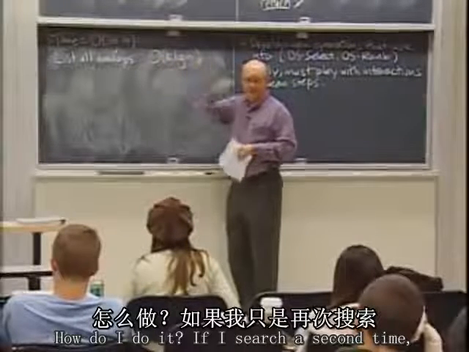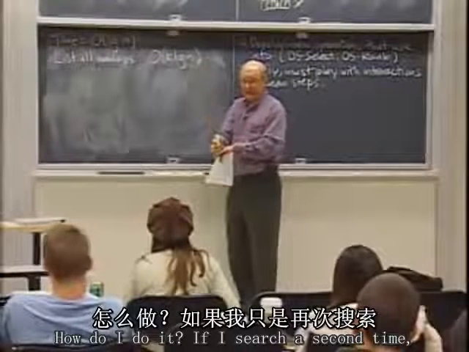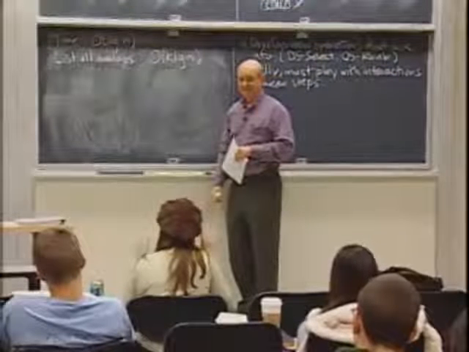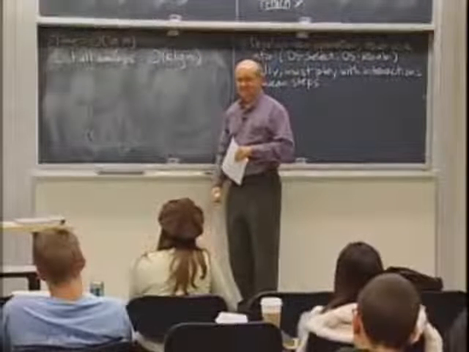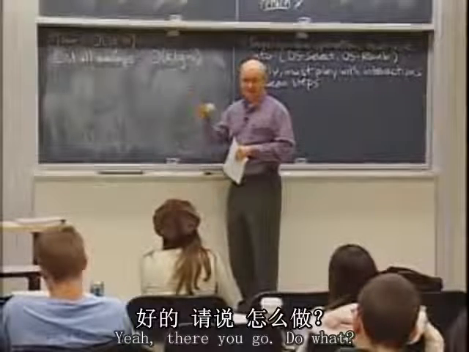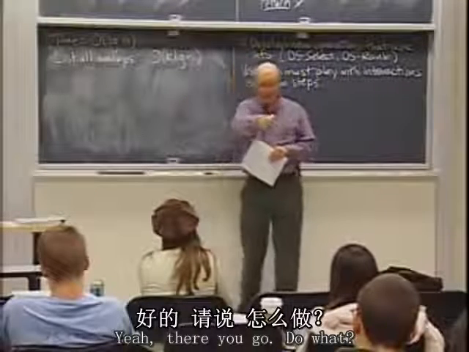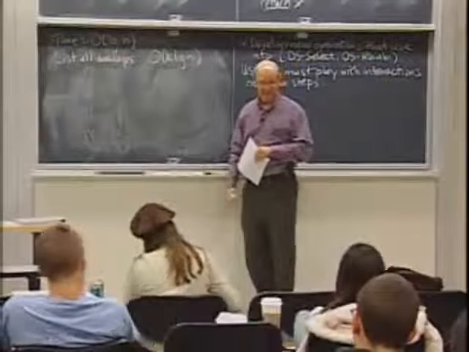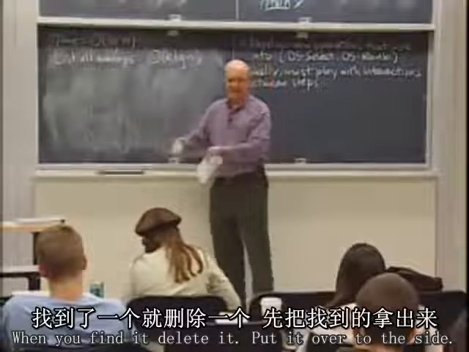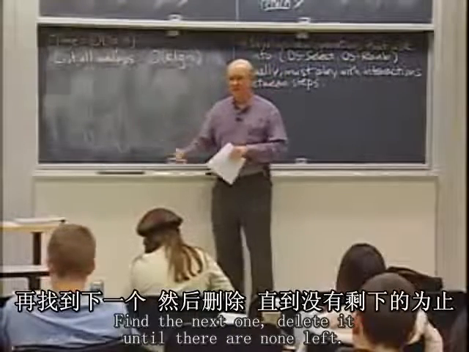After all, if I search a second time, I might get the same value. Yeah, there you go. When you find it, delete it. Put it over on the side. Find the next one, delete it, till there are none left.